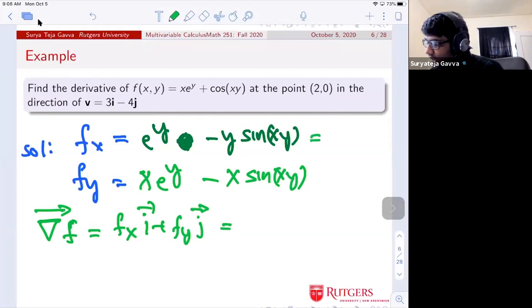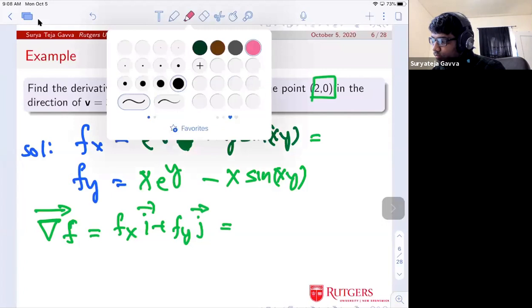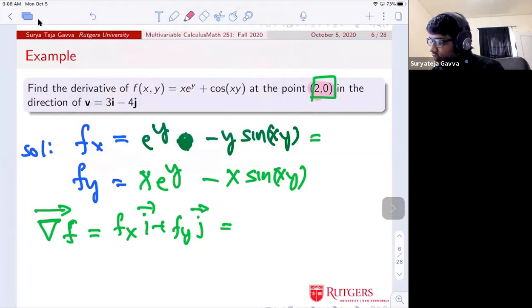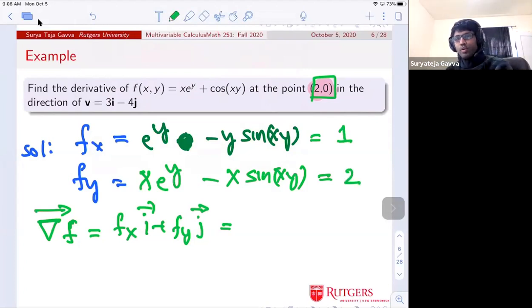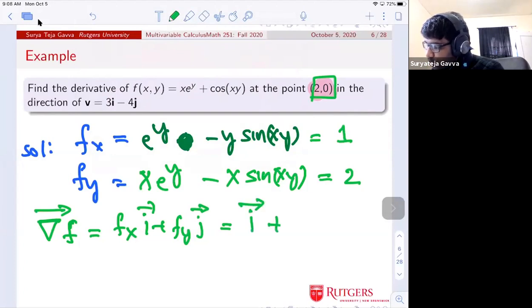But the point x, y is given to be (2, 0). So let's substitute that and compute the vector. If I plug that in, y equals 0 and x equals 2. This gives you 1 here, and with x equals 2, this gives you 2. So the gradient vector is nothing but 1 i plus 2 j.